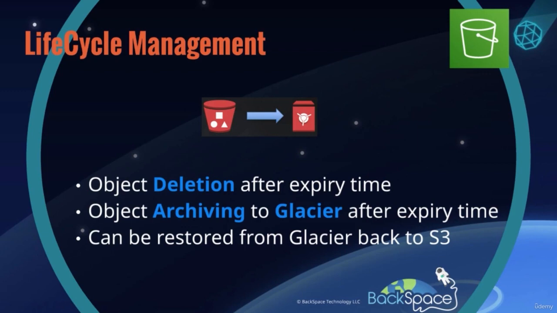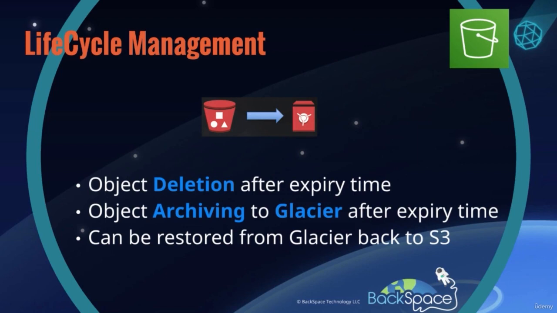A really powerful feature of the S3 service is the ability to create lifecycle management processes that can look after ensuring that objects are placed in the most appropriate S3 class based upon a lifecycle rule. That lifecycle rule could delete an object after a certain expiry time.